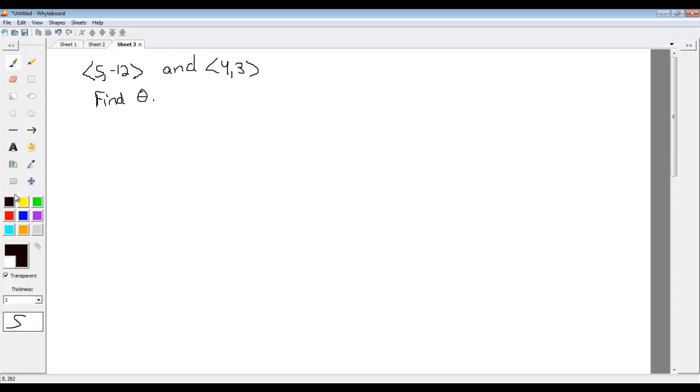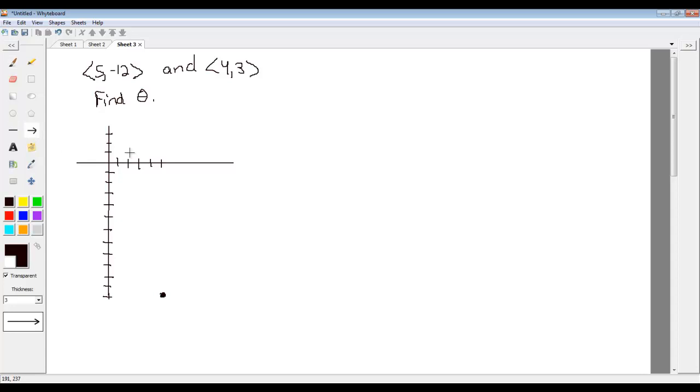Well, if you quickly sketch this out on a grid, you can get an idea about where this vector is heading. So 1, 2, 3, 4, 5, and 1, 2, 3, 4, 5, 6, 7, 8, 9, 10, 11, 12. Well, 5, negative 12 is going to put us roughly here.